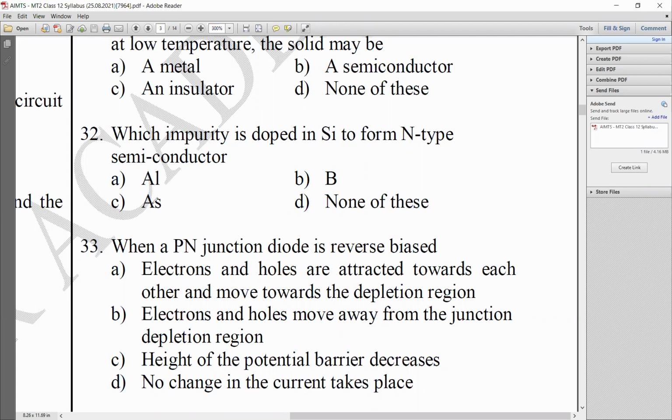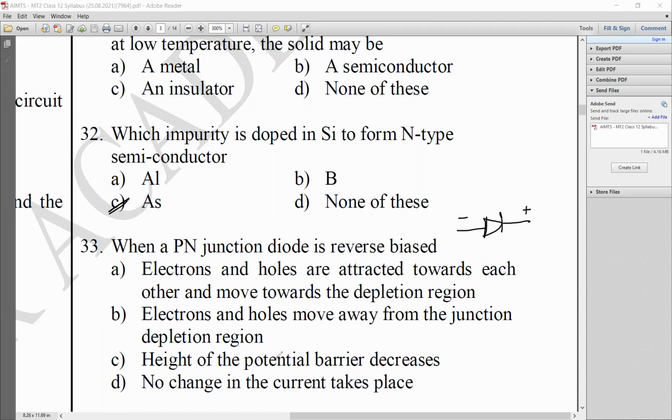33. When a PN junction diode is reverse biased, electrons and holes are attracted towards each other and move towards the depletion region? Reverse bias means N is connected to positive and P is connected to negative. Electrons and holes move away from the junction, away from the depletion region.